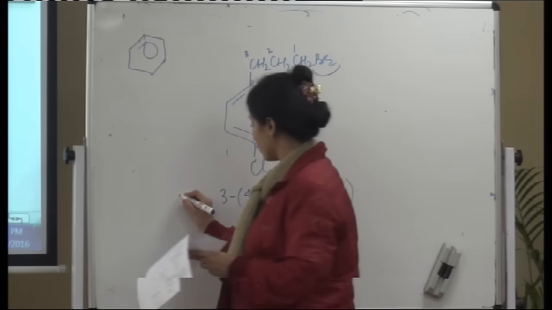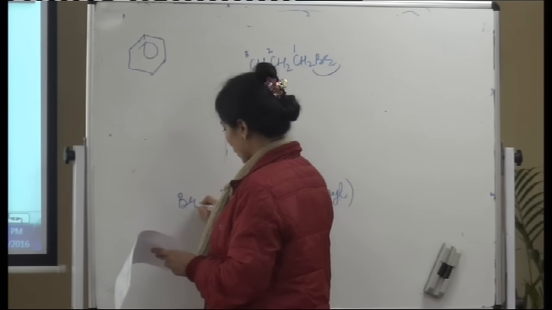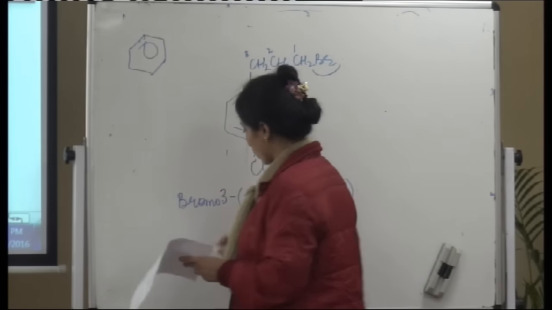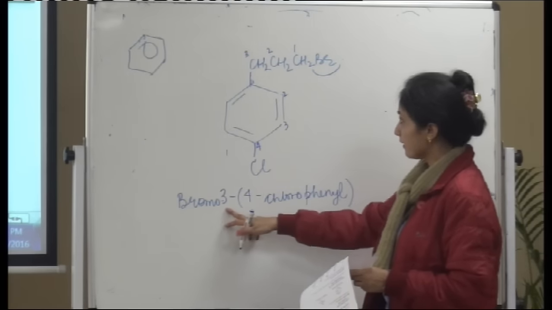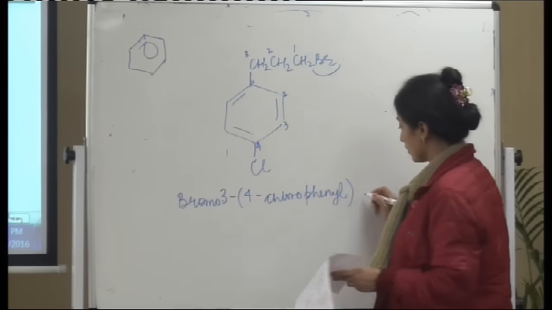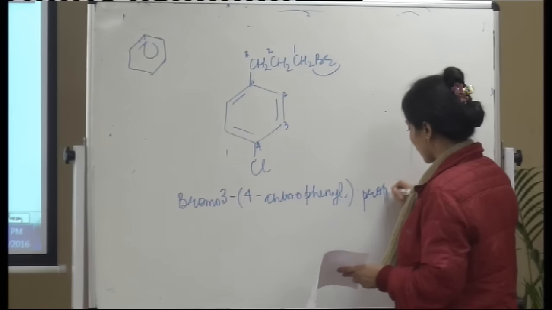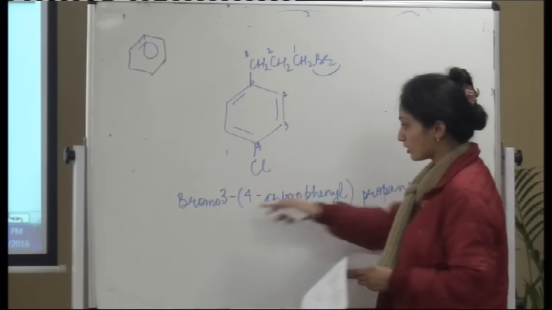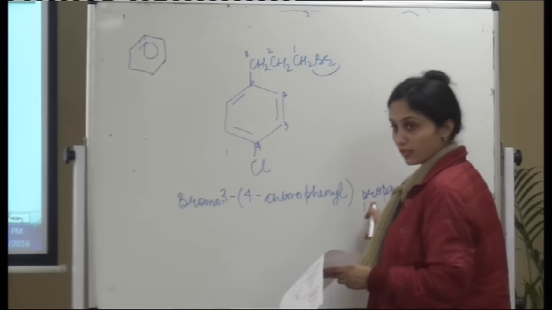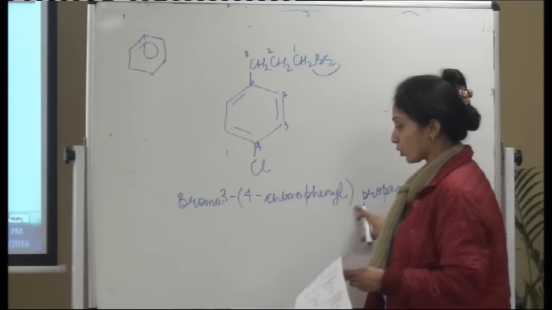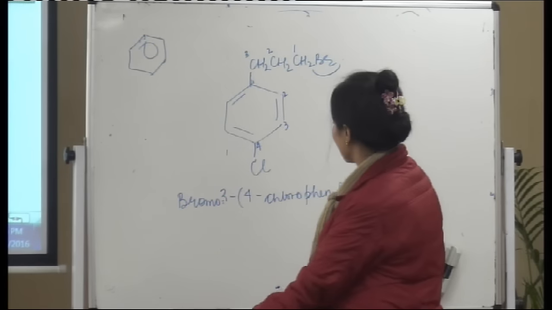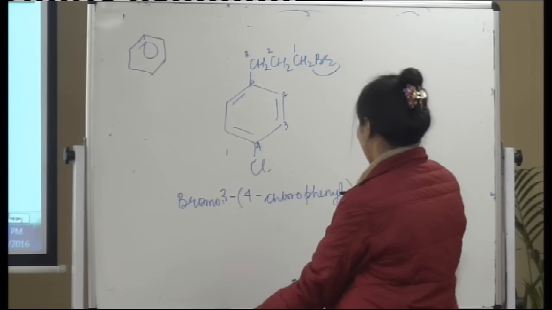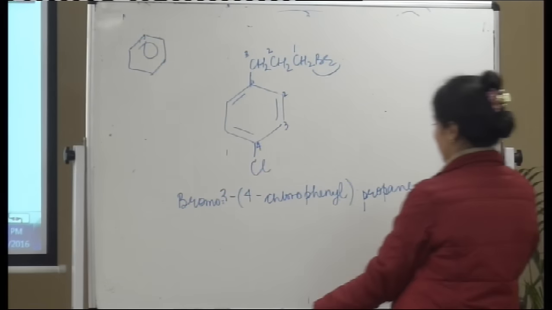You have the bromopropane chain, and in the bromopropane chain, your third carbon of the propane chain has the 4-chlorophenyl group. So it will be bromo 3-(4-chlorophenyl) propane.